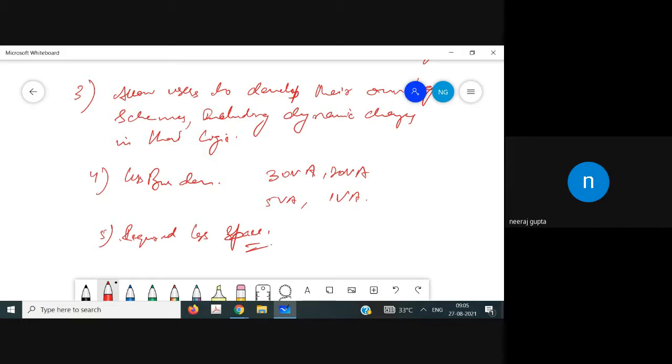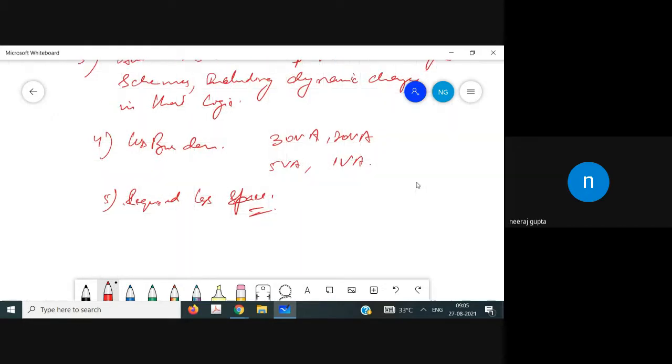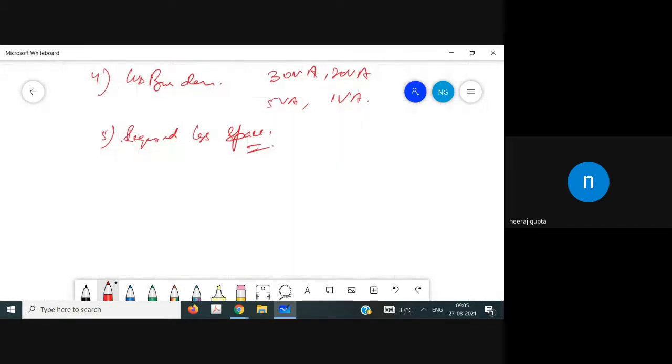Now, another advantage of this kind of relay is that they have the reporting feature. So what do you mean by reporting feature?